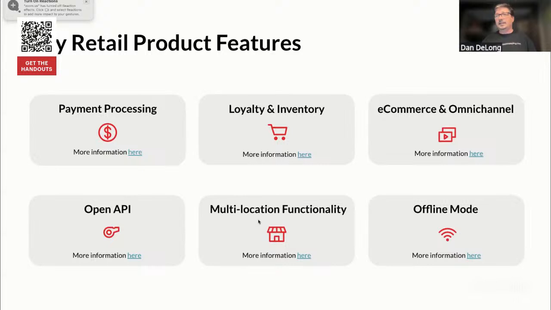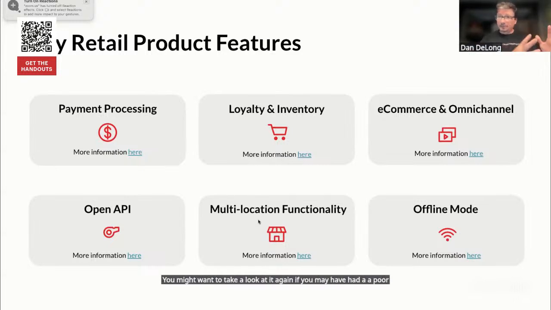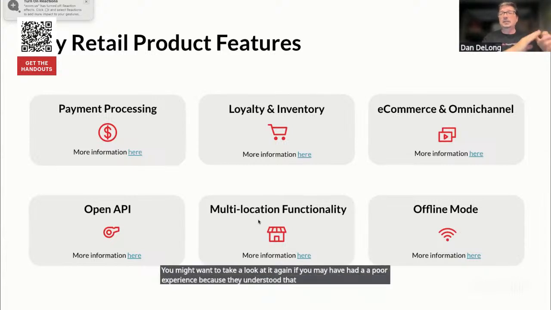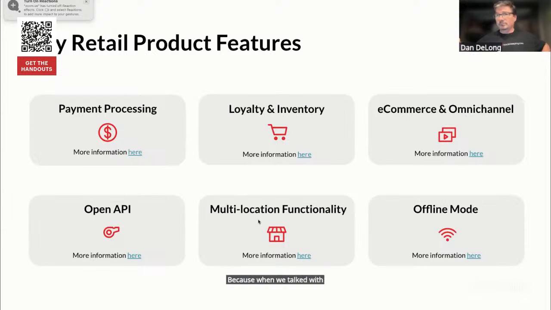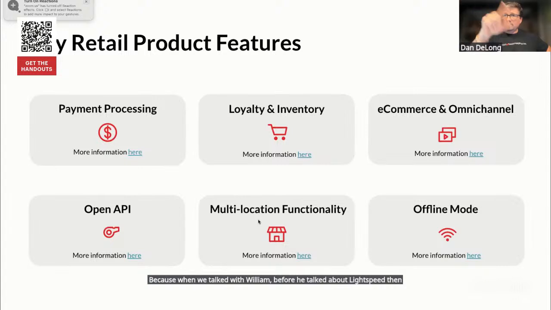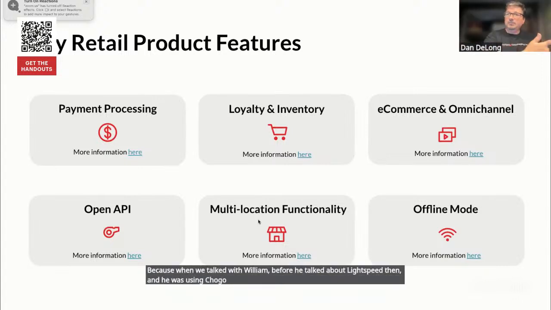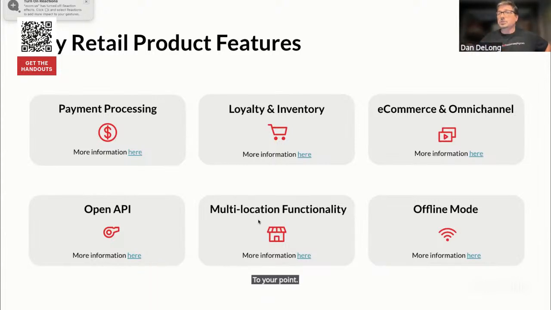You might want to take a look at it again if you may have had a poor experience, because they understood that it wasn't the greatest thing, and then they went out and found another point of sale system that does work a little better. When we talked with William before, he talked about LightSpeed then, and he was using Shogo to integrate because the integration didn't do what he wanted it to do. But to your point, you're not beholden to using only the LightSpeed integration.